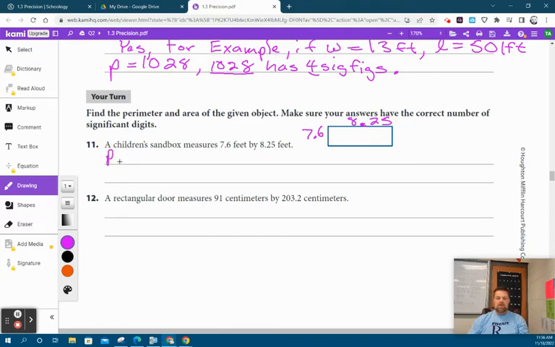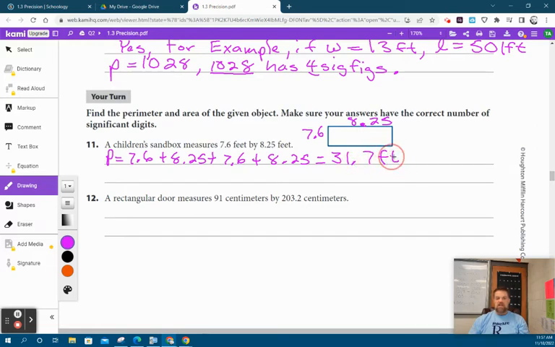So remember, the perimeter is equal to 7.6 plus 8.25 plus 7.6 plus 8.25. Now we're going to have to come up with some answers. If I just do the math straight up, I get 31.7 feet.